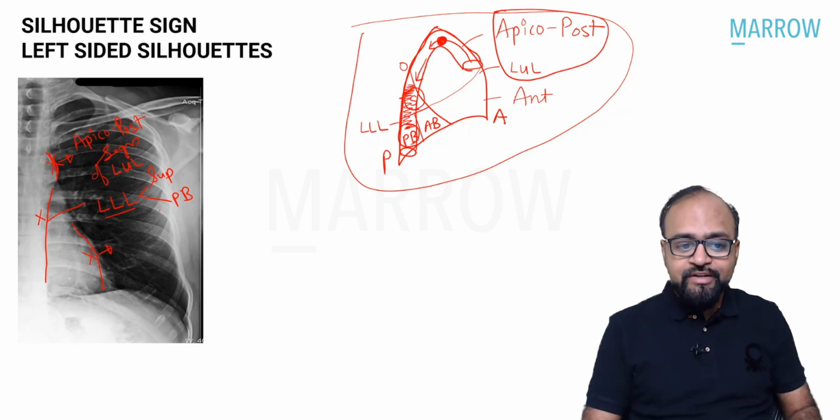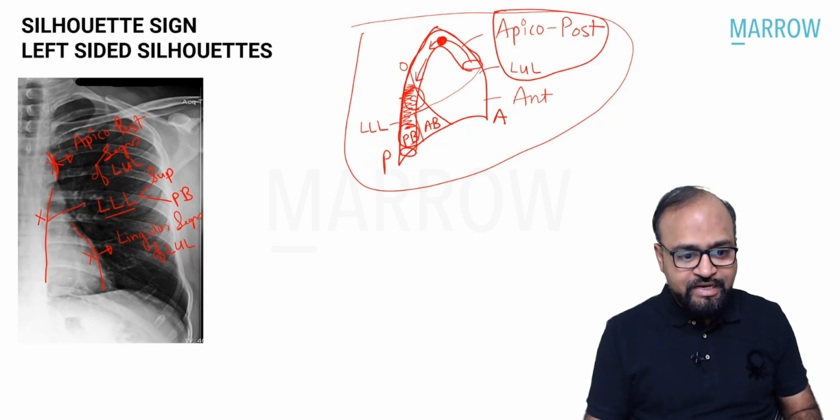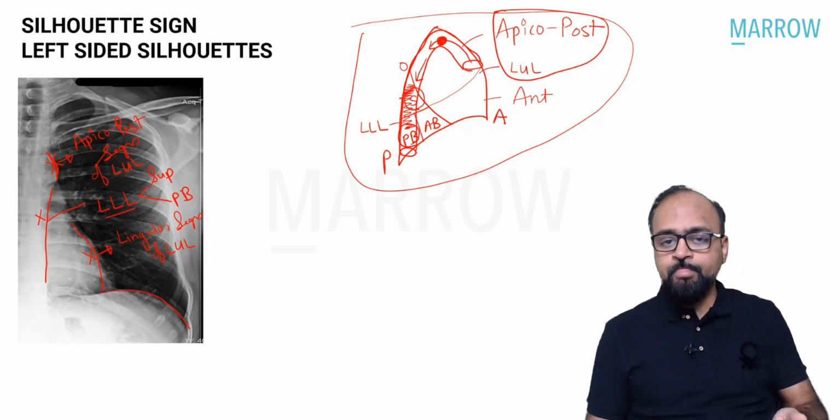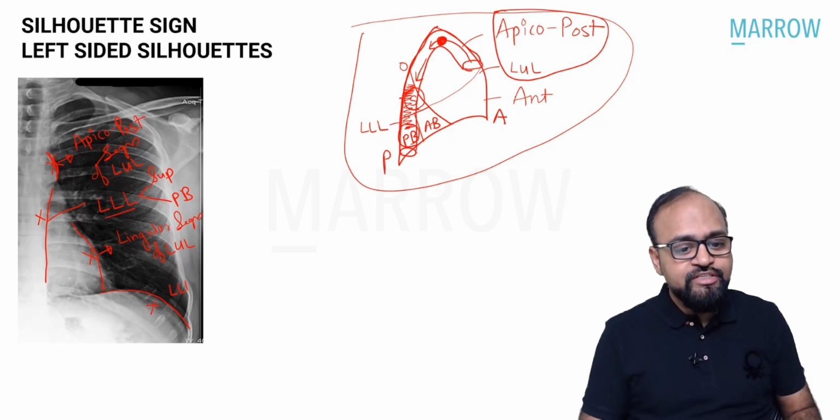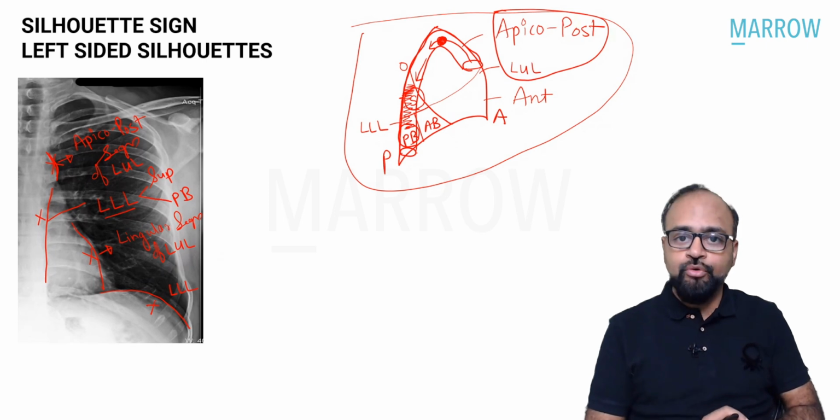What is the left paracardiac area? It is the lingular segment of the left upper lobe. We've already seen that. And if the left dome of diaphragm or left hemidiaphragm is not seen as a sharp margin, then the disease is located in the left lower lobe.